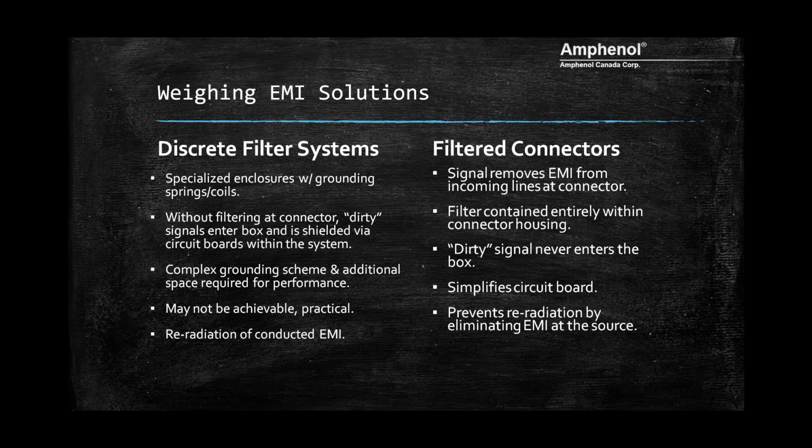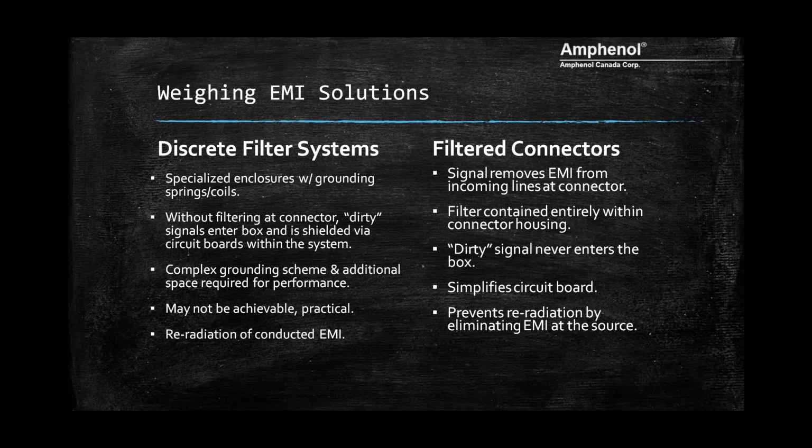Then what can happen is, as you're taking that signal from the lines using the wires over to the board that's going to filter out your noise, you can have that EMI radiating onto other components within your circuit board, unless you have a complex housing for it to keep it shielded, or you shield the braiding.